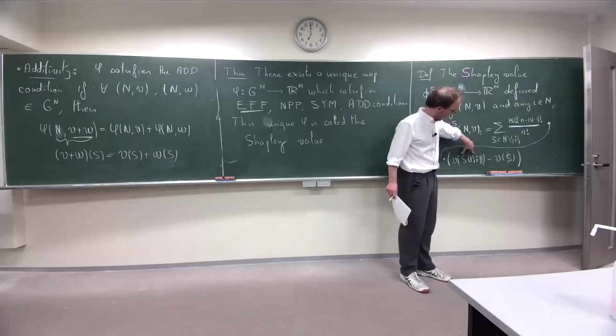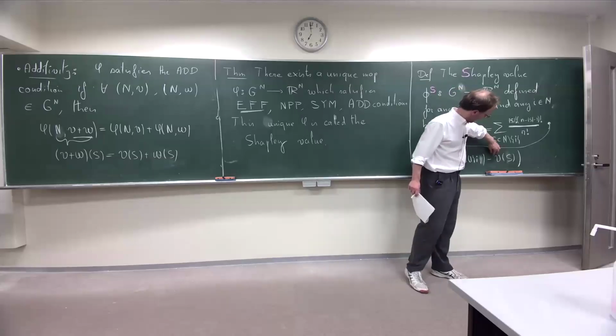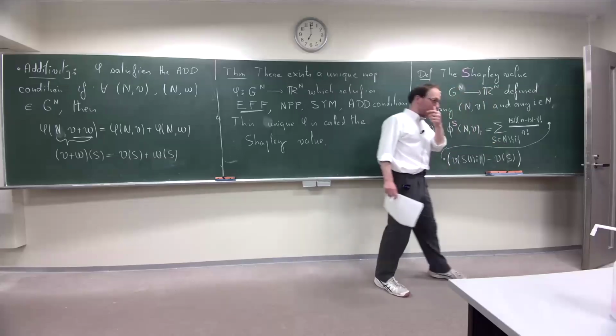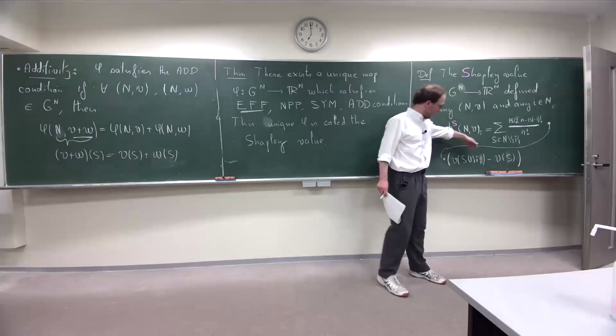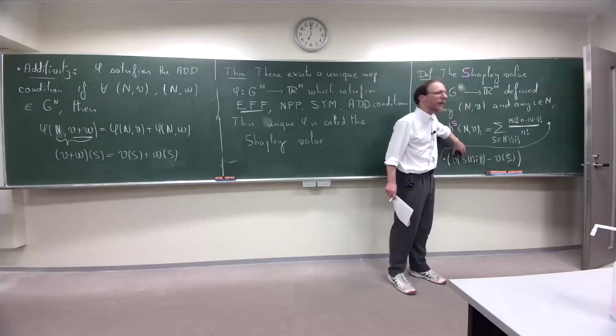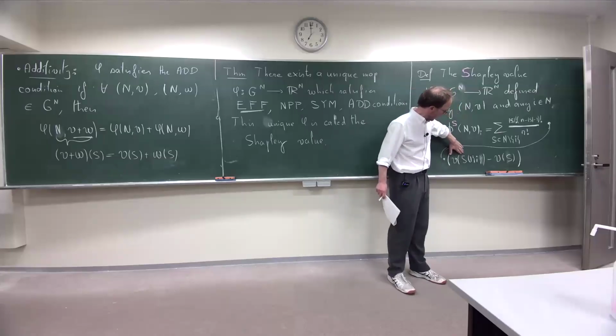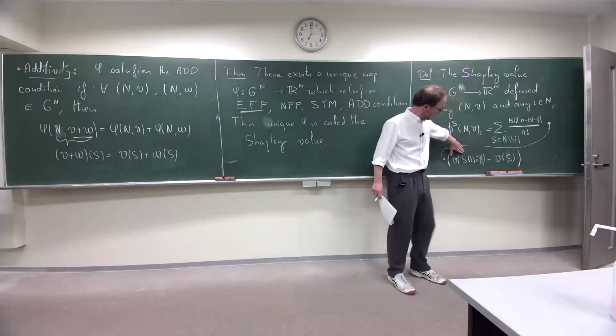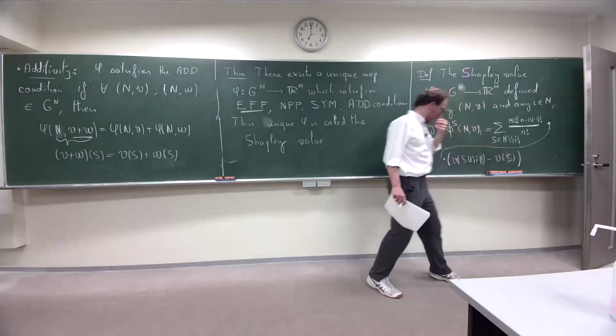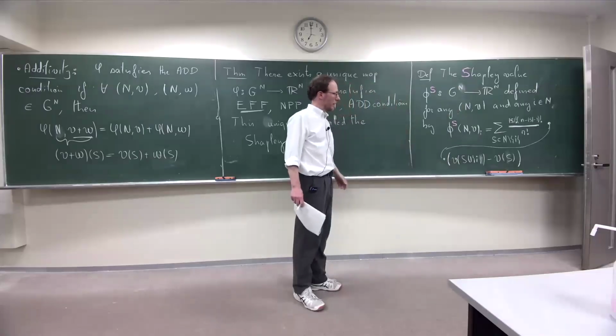So we add i to the coalition, minus the worth of the coalition without i. So it is, in a sense, what i brings to this coalition. This difference is what the player i adds to the coalition S, because it is the worth of the coalition when i is inside minus the worth of the coalition when i is not inside.